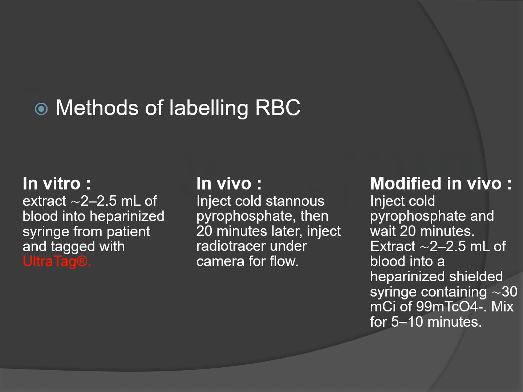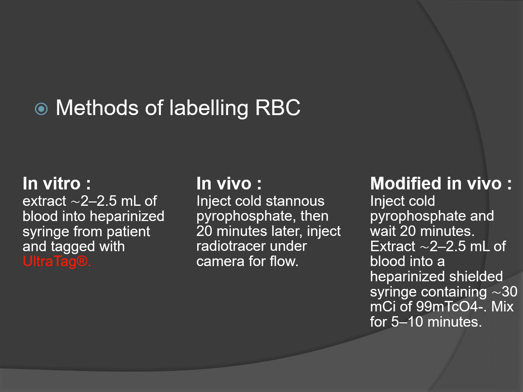And there are three methods of labeling of RBC. First, in vitro, meaning that you just take out the blood, and then you tag it with UltraTag. UltraTag contains a stannous component, and after we tag with UltraTag, then we inject it into the patient and we scan.